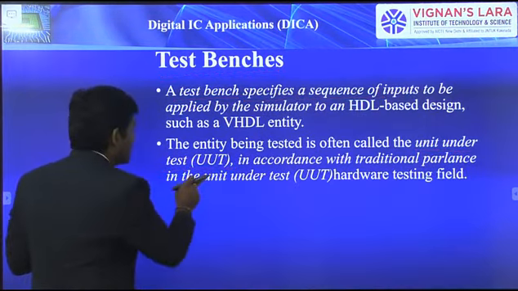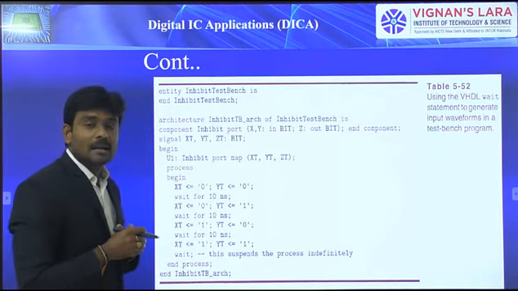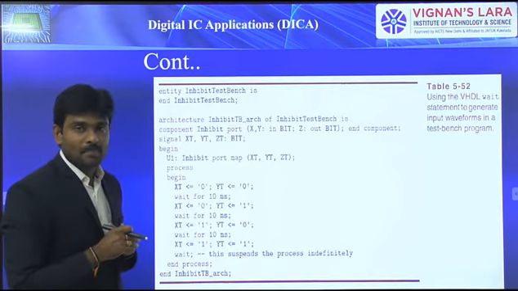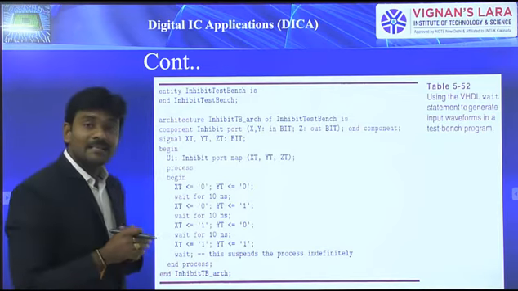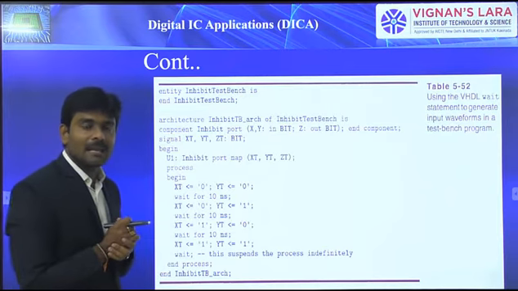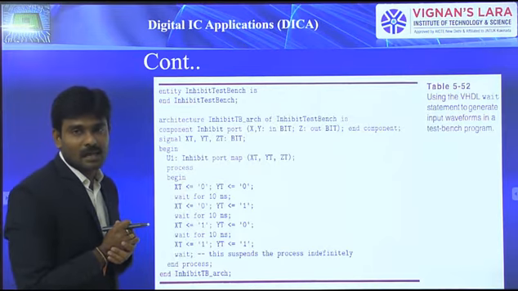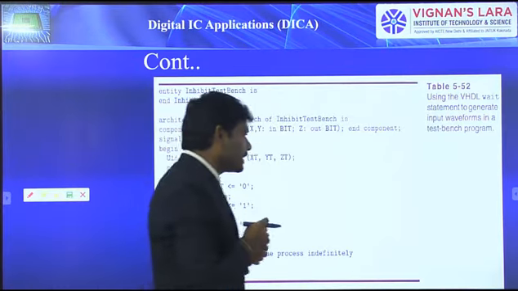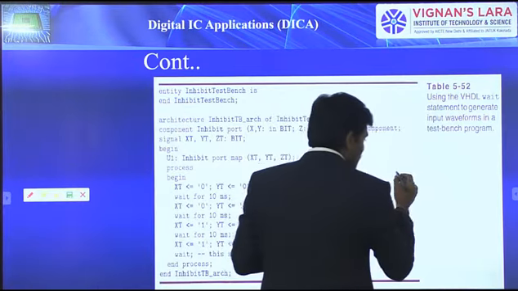So next we need to know how to write a test bench program. Okay, so this is how it seems to be. Here I considered one example. We already studied the inhibit gate functionality. That inhibit gate we can also call as but not.